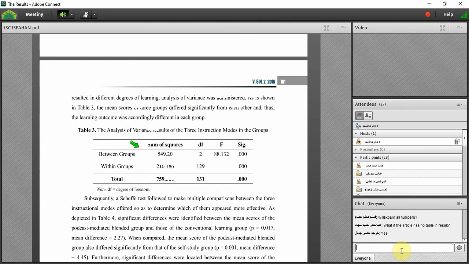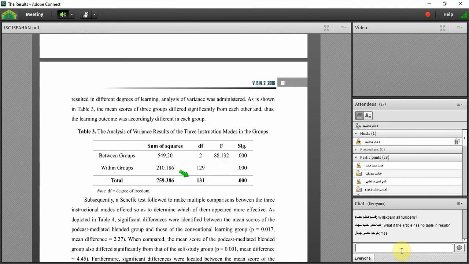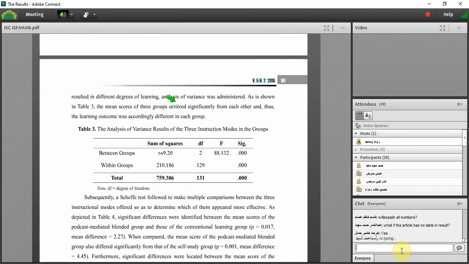You have all the information in here in table 3, but they are all numbers. What do you understand from these numbers? Probably nothing. But the author, that was me, explained to the readers that based on all these numbers there were significant differences between the groups.